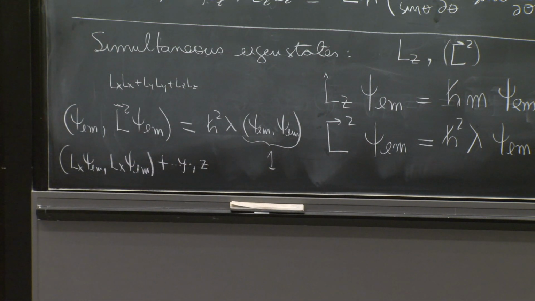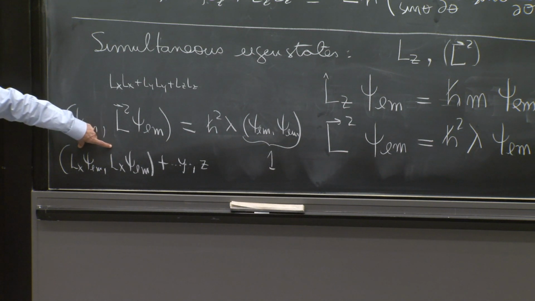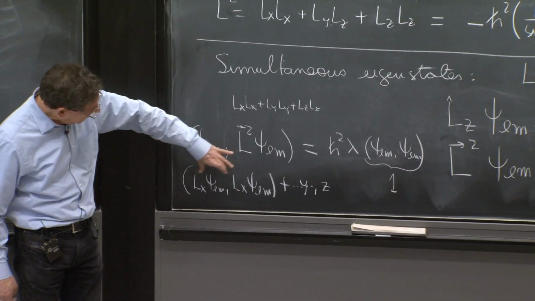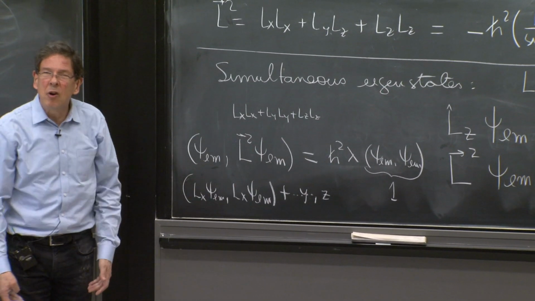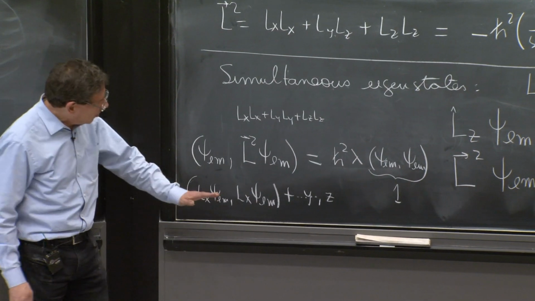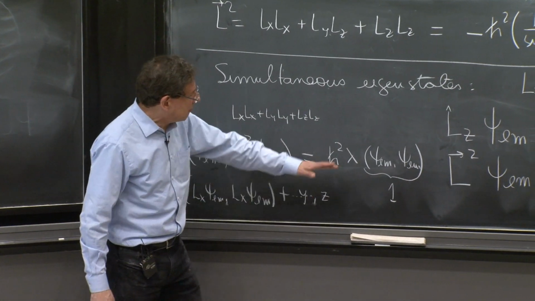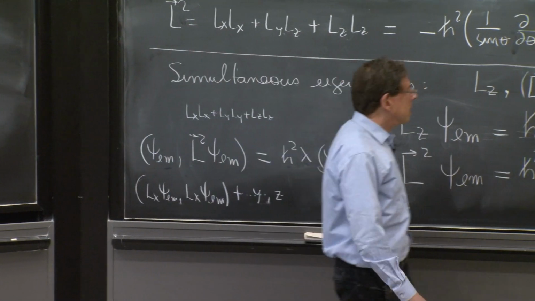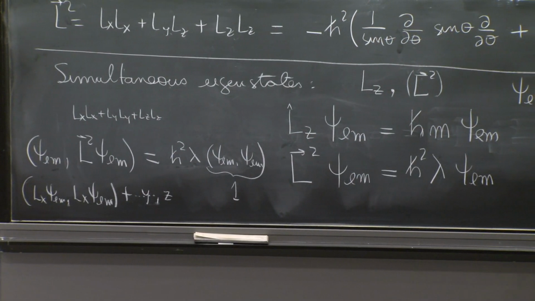And each of these things is positive, because when you have the same wave function on the left and on the right, you integrate the norm squared, and it's positive. So this is positive, so the sum must be positive, and lambda must be positive.